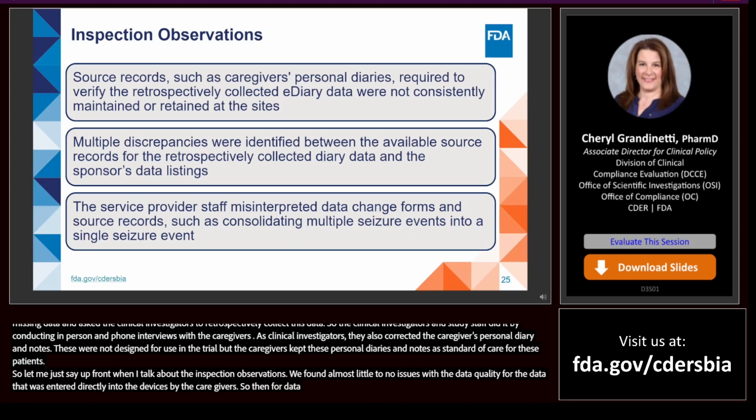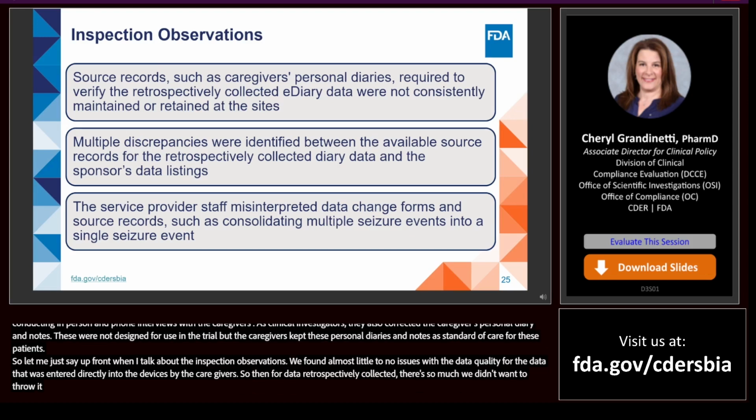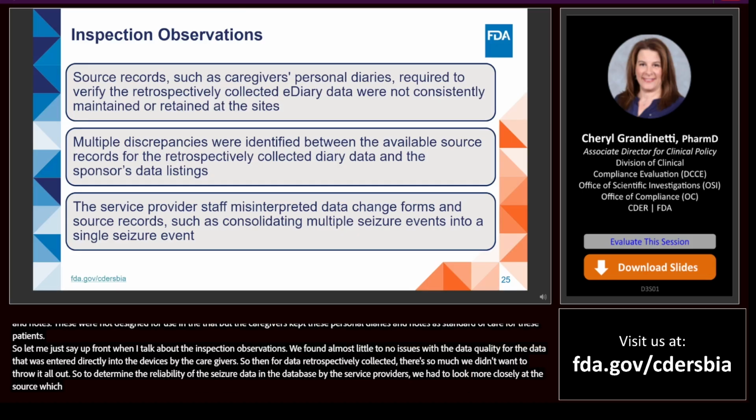So in order to determine the reliability of the seizure data that was entered retrospectively in the ECOA database by the service providers, we had to look more closely at the source, which were the caregivers' personal paper diaries and also other paper records at the site.